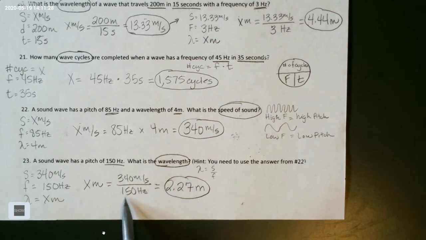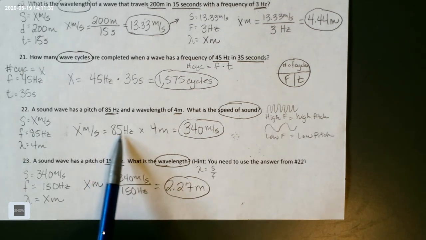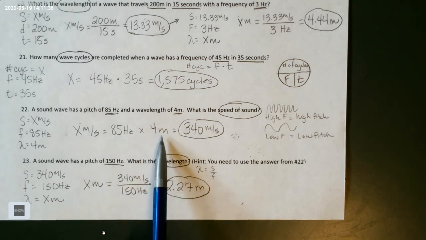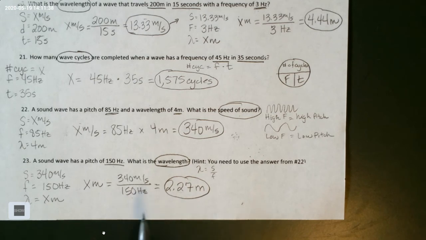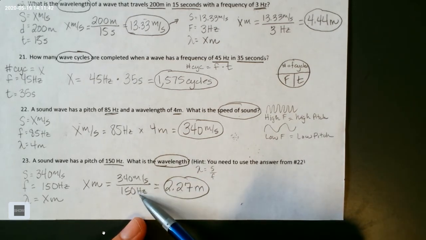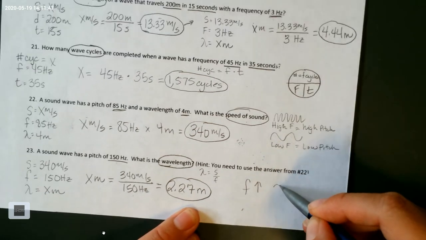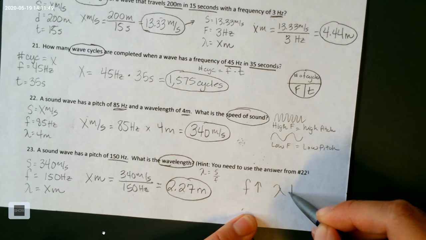So here are the meters, or the wavelength. We already know it's 150 hertz, which is a higher frequency than this one. So therefore, we have a lower wavelength than this one up here. So remember, frequency and wavelength are inversely proportional. So as frequency goes up, wavelength would do the opposite and go down.